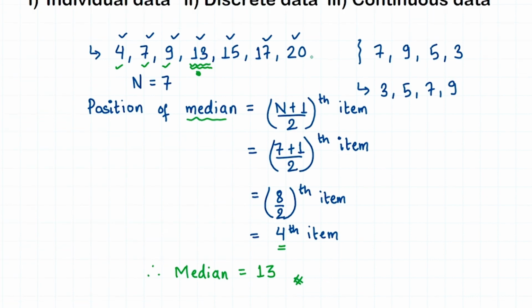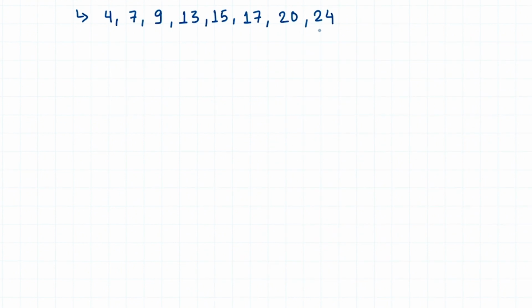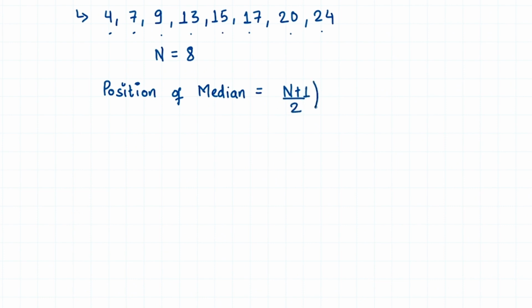Now, what happens if we add one more item over here, okay? So let's say we have 24 over there. Now, when we have this extra 24 over here, our number of items is going to be equal to 1, 2, 3, 4, 5, 6, 7, 8. So our number of items is 8. And again, we find the position of the median, which is equal to (n plus 1) divided by 2, th item.